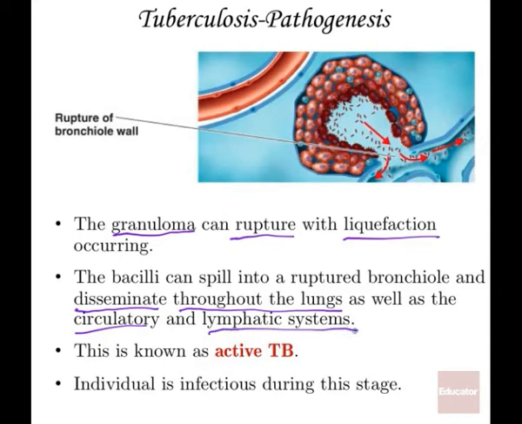And remember, the lungs are very highly vascularized, and they have an extensive lymphatic system as well. And this stage is known as active TB, and this is the stage in which individuals are infectious.